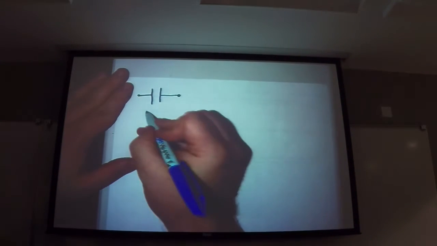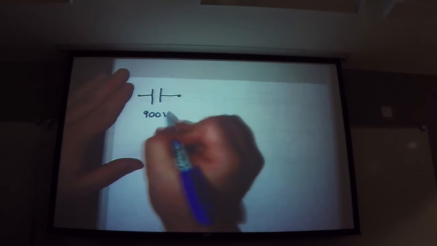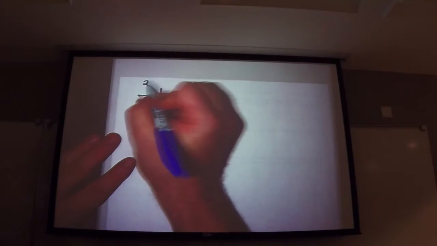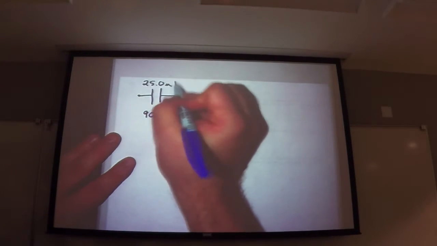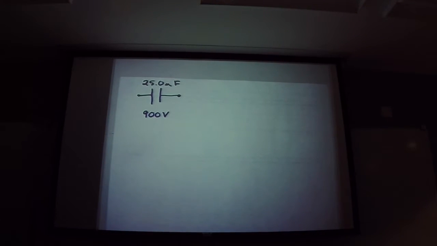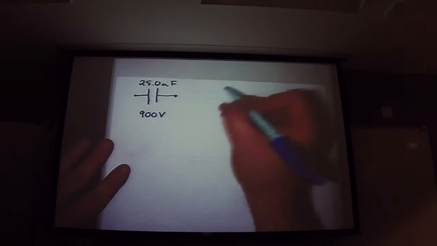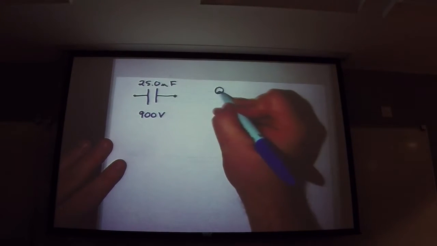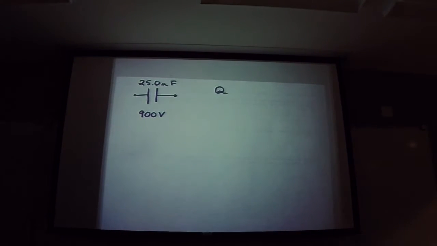Okay, so I have 900 volts here, and it is a 25 microfarad capacitor. And so the first thing I want to do is calculate the charge on it. And this is before. The charge on it before.